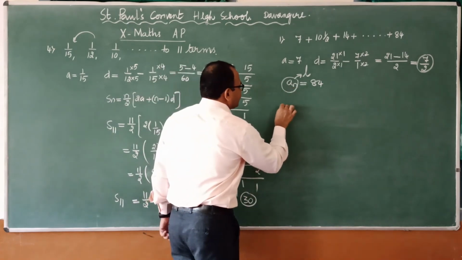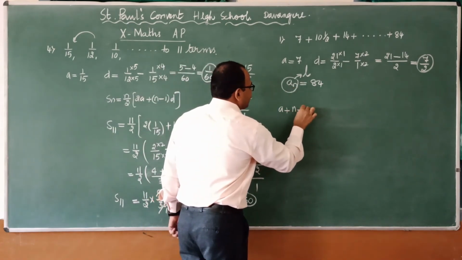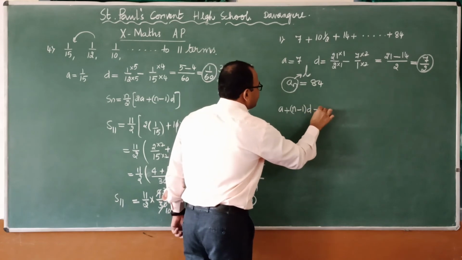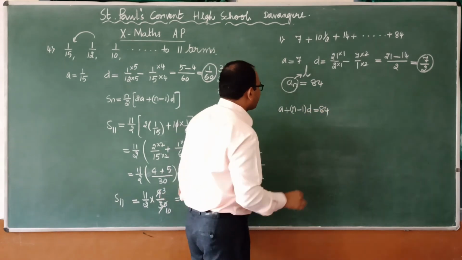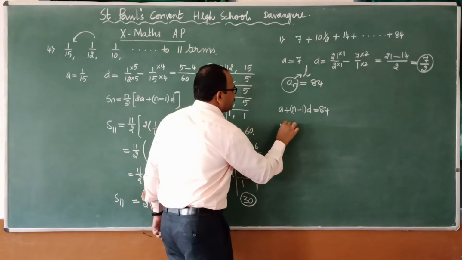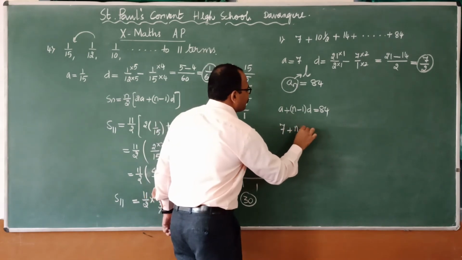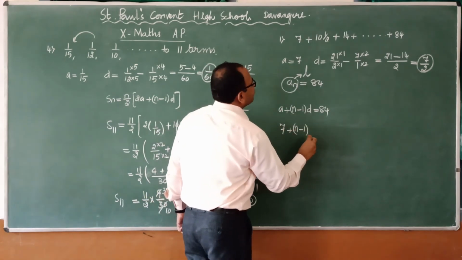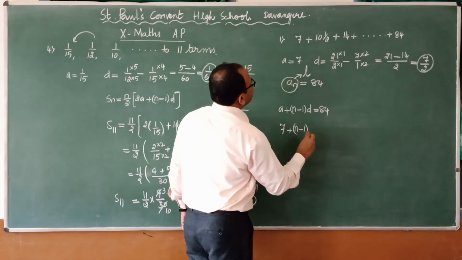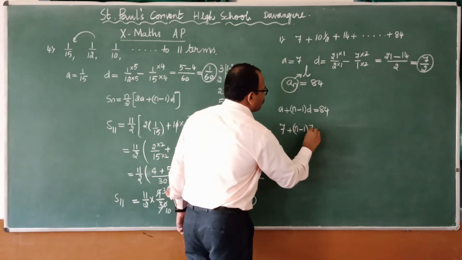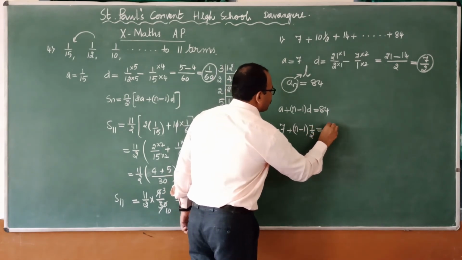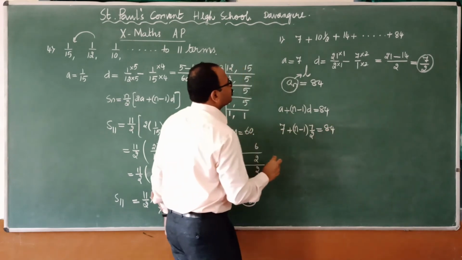This formula, a plus n minus 1 into d is equal to 84, where a is 7, n we do not know, and d is 7 by 2.